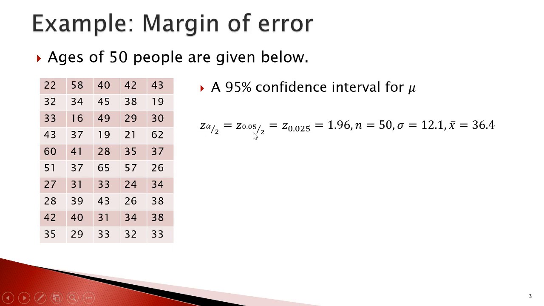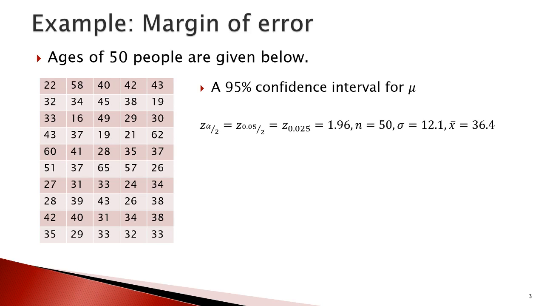Okay, the z-score of alpha over 2, that is the z-score of 0.025, is 1.96. And our n is 50, the standard deviation is 12.1, and the x bar is 36.4, as we calculated before.